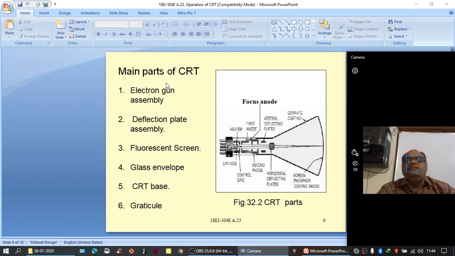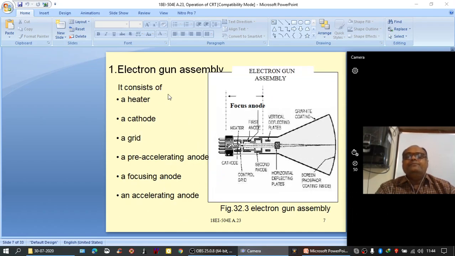Now, the main parts of the CRT, as I told already: electron gun assembly, deflection plate assembly, fluorescent screen, glass envelope, CRT base, and graticule. We'll see about this graticule after some time at the end. First, the electron gun assembly.